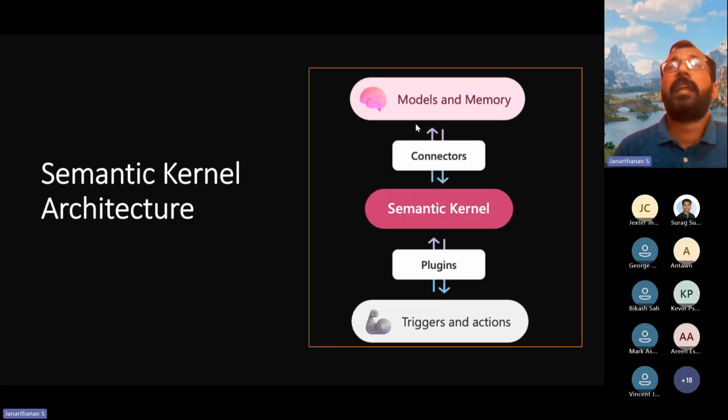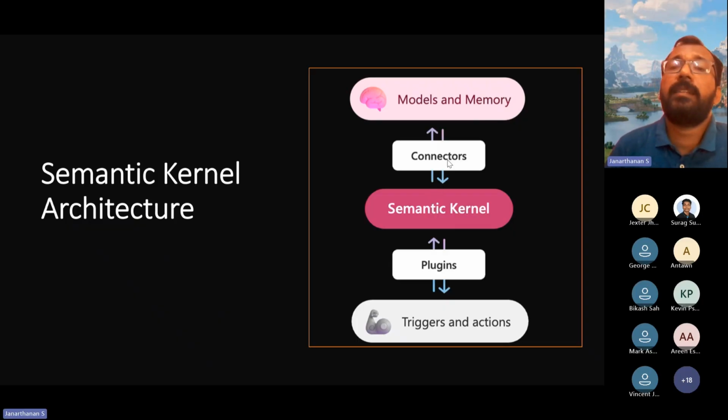So this is the architecture of your semantic kernel. If you notice the semantic kernel architecture, the very first one is the language we have to choose, whether it is Java, .NET, or your Python language. How can this language connect to your semantic kernel framework? With the help of a connector.